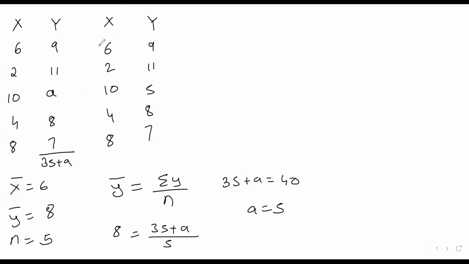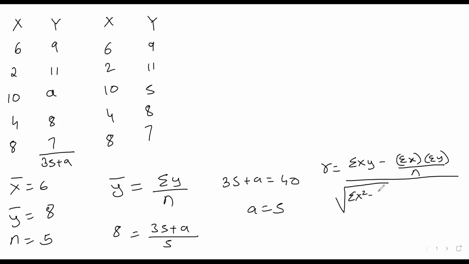Because the values of x and y are given, we can use the formula r is equal to summation xy minus summation x summation y upon n, whole thing upon under root summation x square minus summation x bracket square upon n into under root of summation y square minus summation y bracket square upon n. We have to multiply the values. This is xy, this is x square, this is y square.